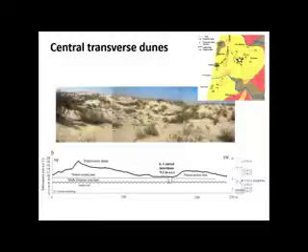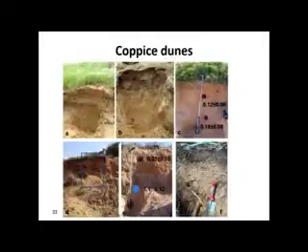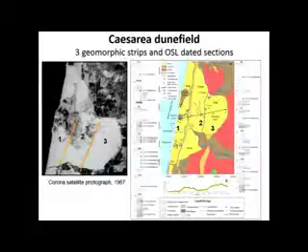So just for an example, let's look at one section. Here we have the transverse dunes, which comprise the central part of the dune field. I should have shown the map before. And we have a transverse dune, as I mentioned before. We didn't date the dune here because it's been mapped by Noam Levine to be still active. So we went to the lower part of the sand sheet, which underlies the dune.